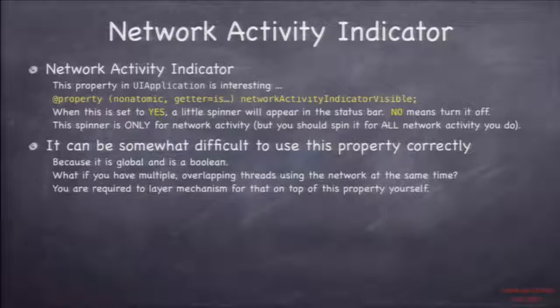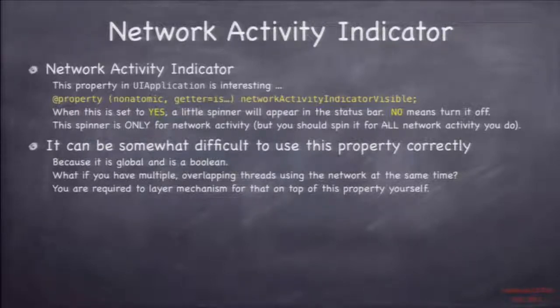Then in another thread, you fire off a little Flickr fetch that's only going to take 1 second. It turns this on, 1 second goes by, it finishes, and it turns it back off. Now it's off, but the 10-second one is still running. So that's bad. It's totally up to you, unfortunately, to put a mechanism in your app for dealing with that unfortunate simplicity of API.